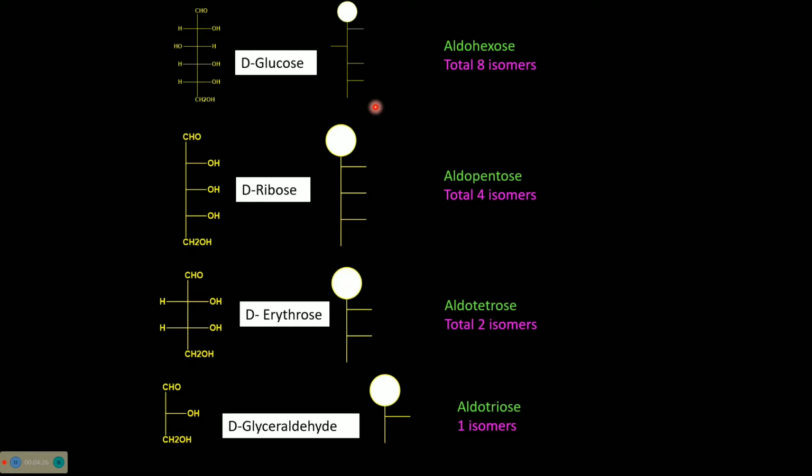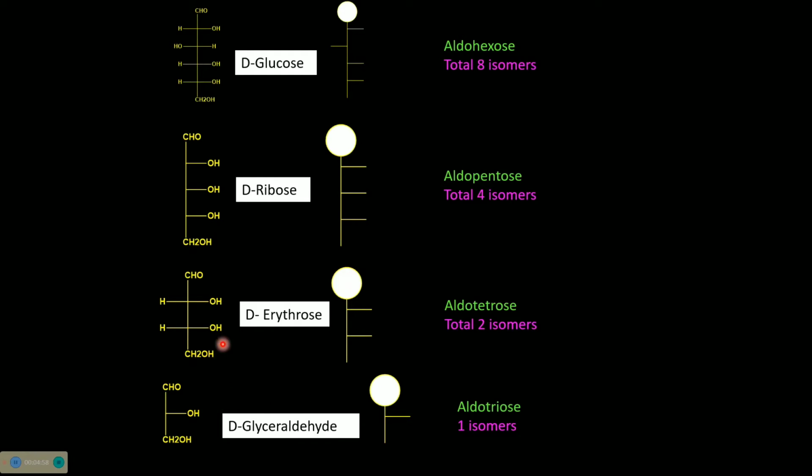Aldotriose is the general and simplest aldose. Its name is D-glyceraldehyde. D means, I wanted to inform you of one thing: the carbohydrates in aldose form that exist in nature are all D in nature.